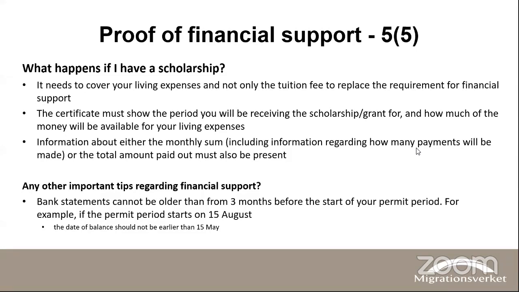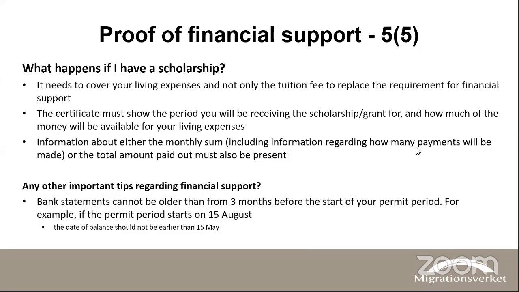And what happens if you have a scholarship? Well, it needs to cover your living expenses and not only the tuition fee to replace the requirement for financial support. So the financial support for living expenses is a separate condition apart from paying the tuition fee.